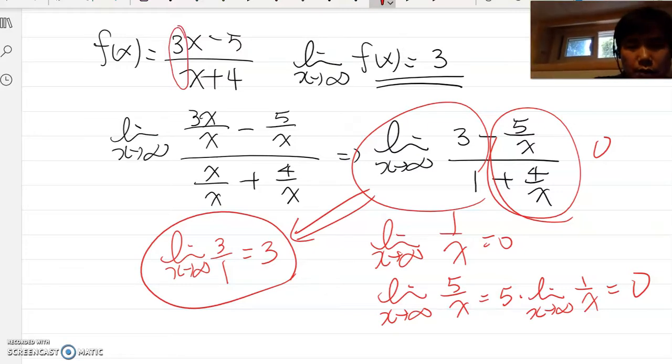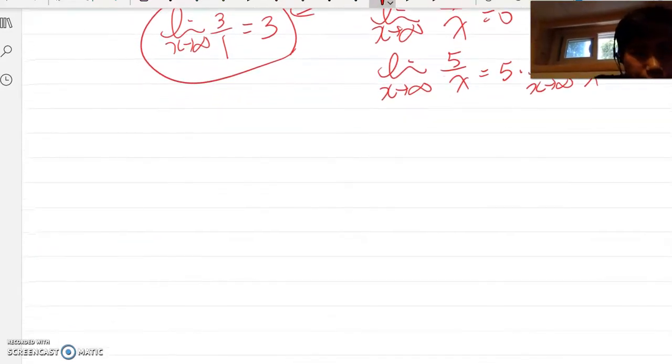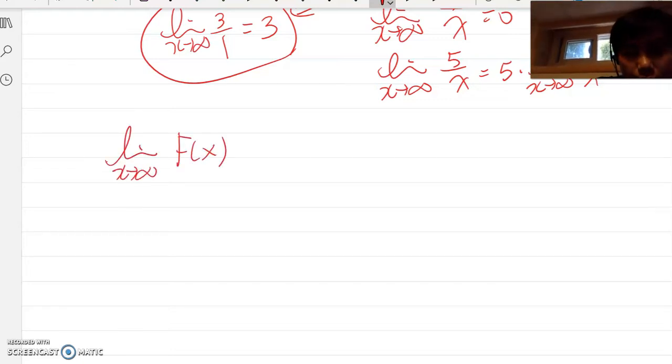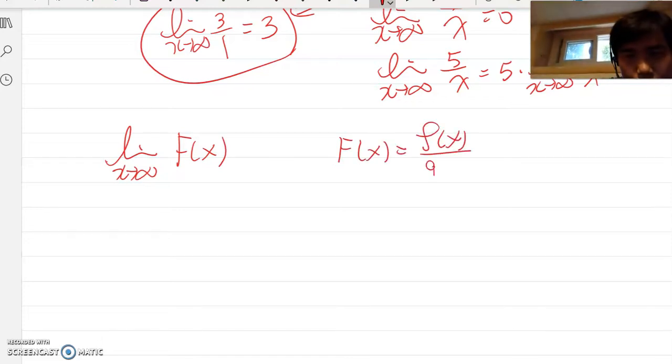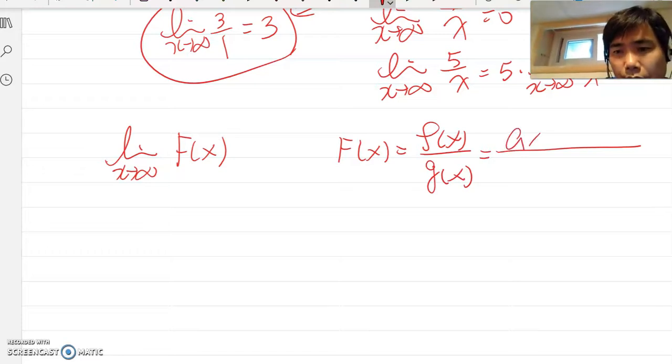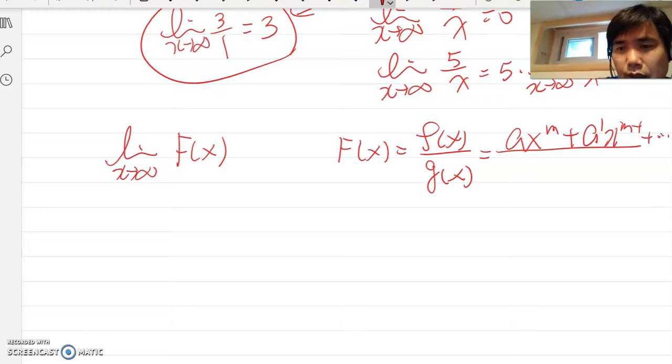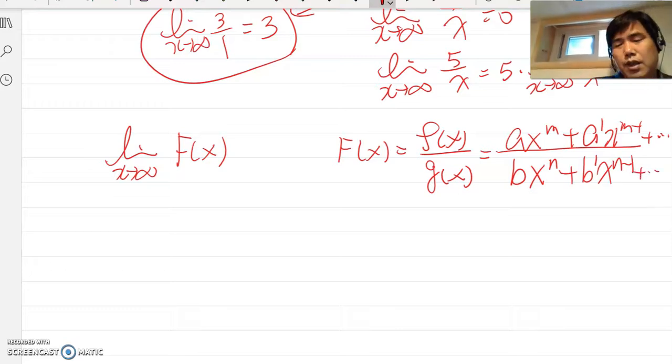Therefore, I can summarize one thing here. If the limit as x moves to infinity of f(x) is given, and f(x) is defined as f(x) over g(x), I'm going to say this becomes a x^m plus a' x^(m-1) plus and so on, over b x^n plus b' x^(n-1), like this.